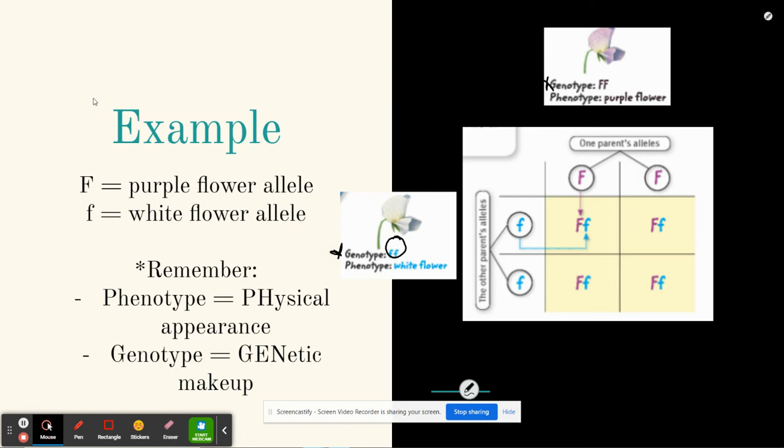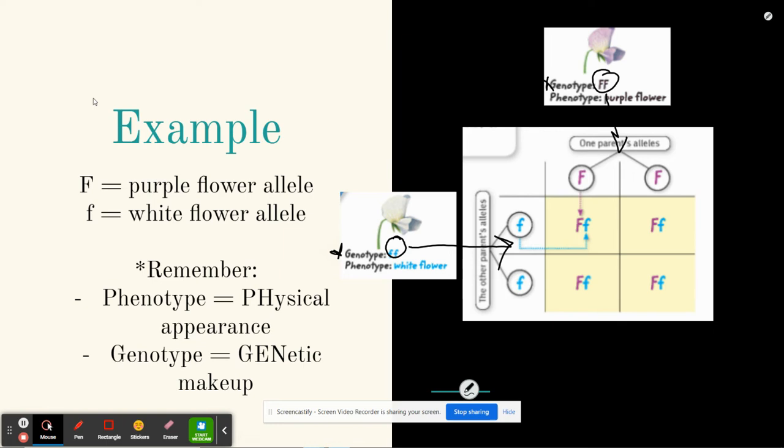The little f, the recessive, will result in a white flower. In this cross, we have this top parent brought down here, and we have this parent labeled in our sides. Notice we only put two alleles for each genotype, and each allele gets its own box. We don't put two alleles in the boxes until we're calculating offspring.